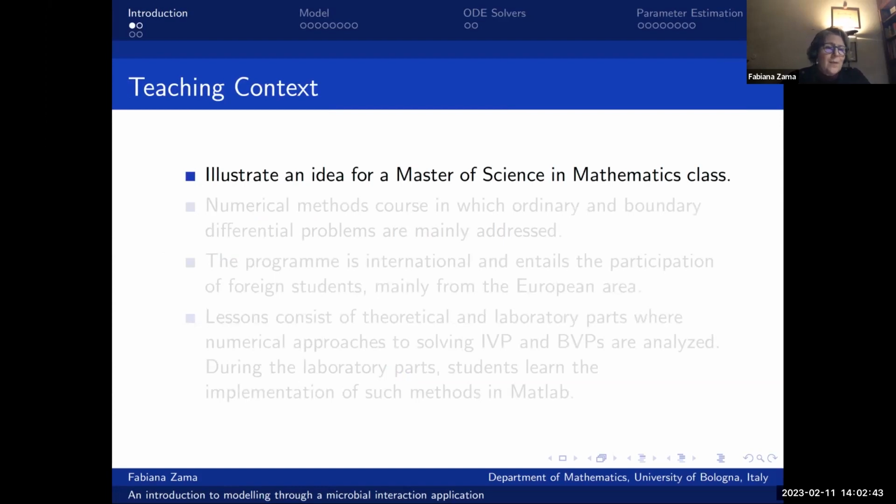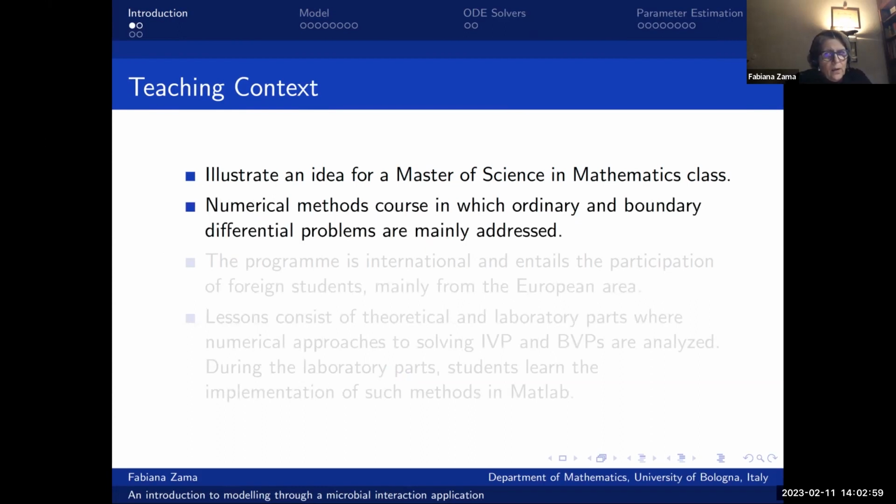Students are quite clever about the theory, and they are graduates, so they know how to treat theoretical aspects, but they need to become more aware of how these models can be used in practical applications. My course is mainly on numerical methods, so what I teach them is the numerical solution of these problems.